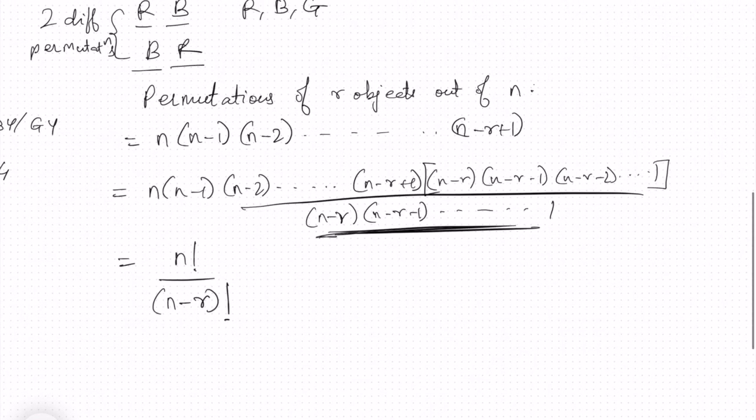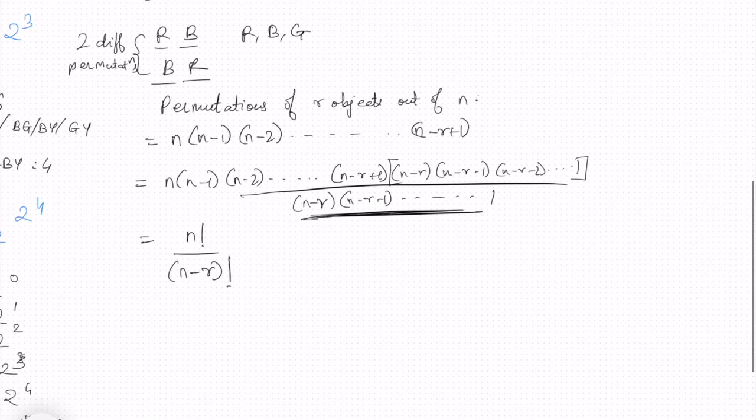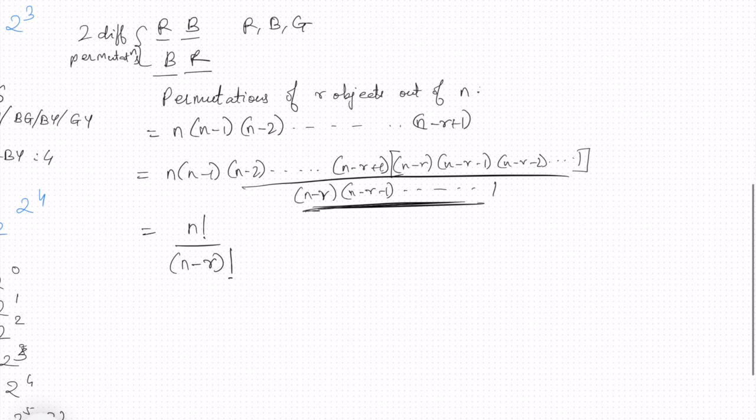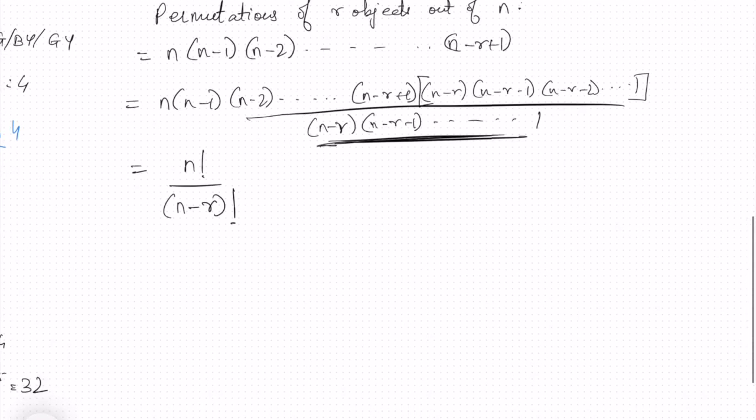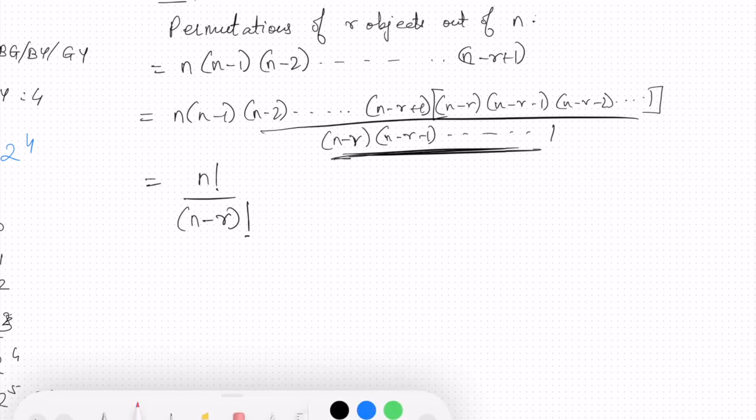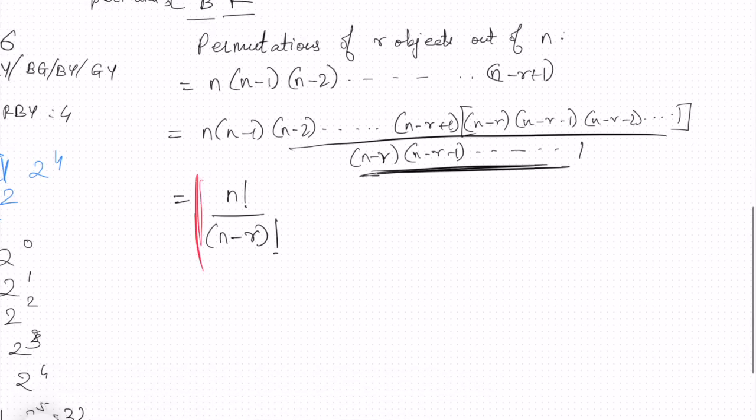So this gives us a very important result. The number of ways to permute r objects out of n, or the number of permutations of r objects out of n distinct objects, is equal to n factorial by n minus r factorial.